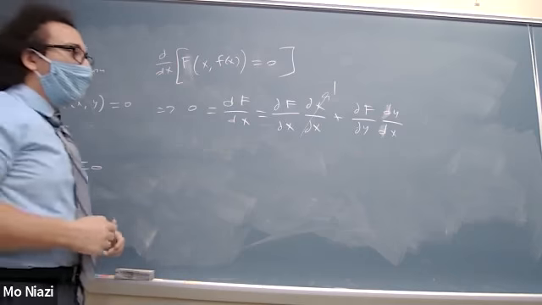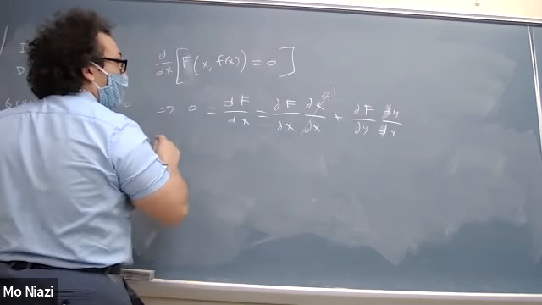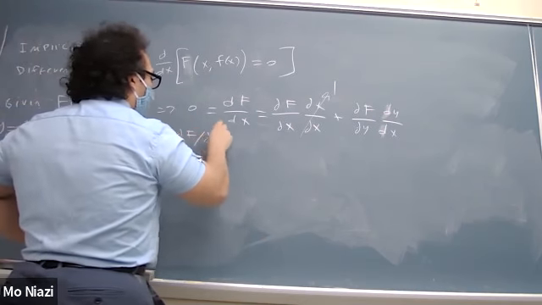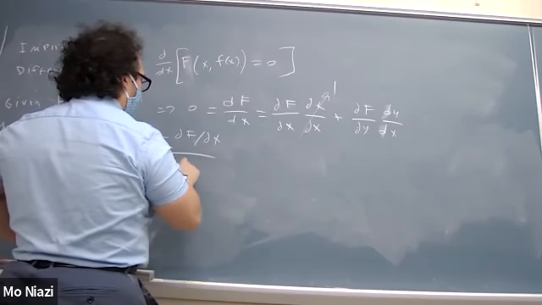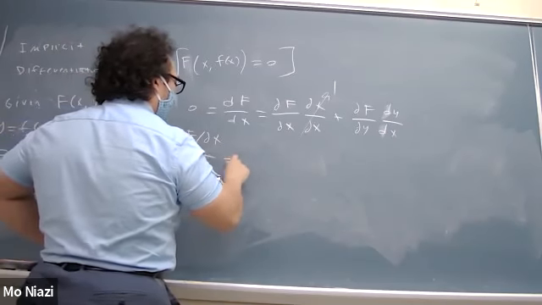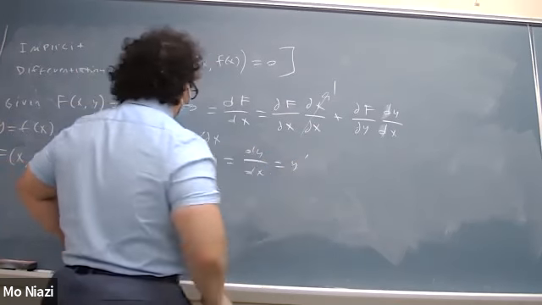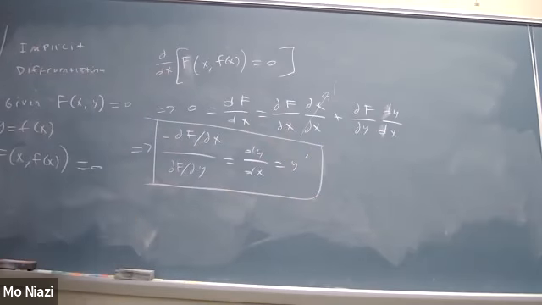Peep the implicit function theorem for why that is possible and mathematically valid. So then you get negative partial f over partial x divided by partial f over partial y is equal to our dy dx, which is our y prime. So this right here is how you do implicit differentiation with partials.